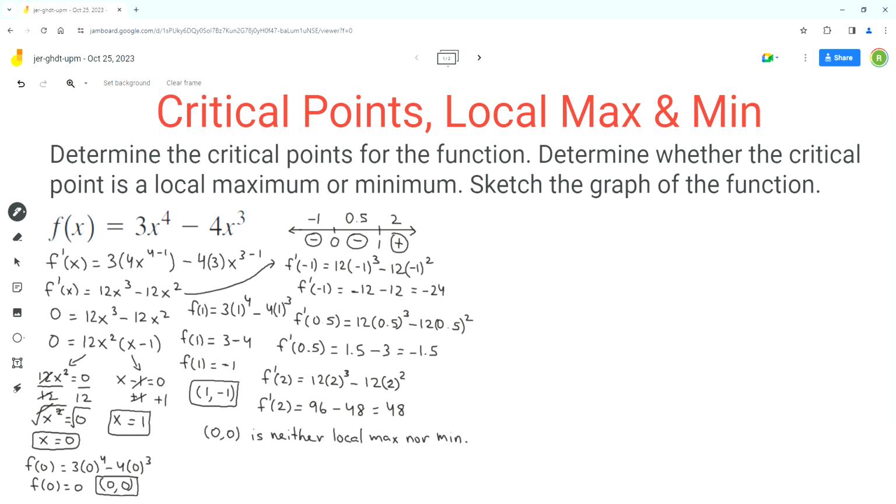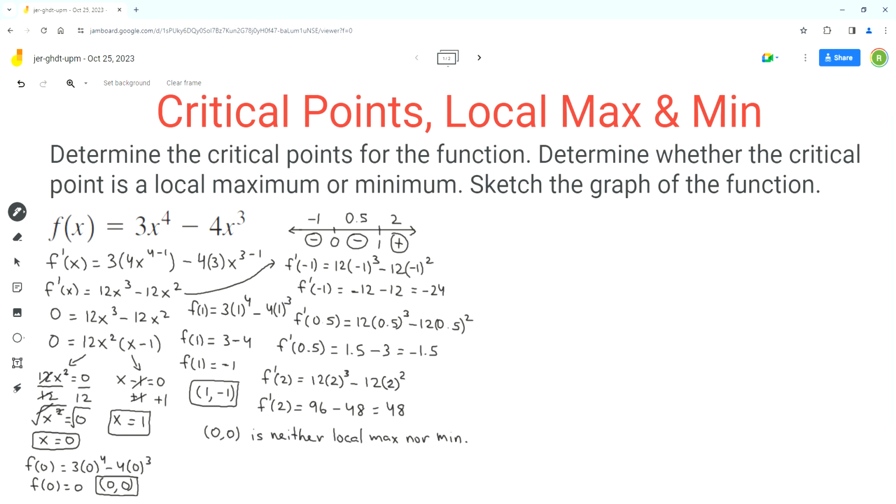There is a very important concept you need to understand and memorize. Now we can analyze the other critical point. Now to the left side of the other critical number, x equals 1, the function is decreasing, and to the right side of x equals 1, the function is increasing.